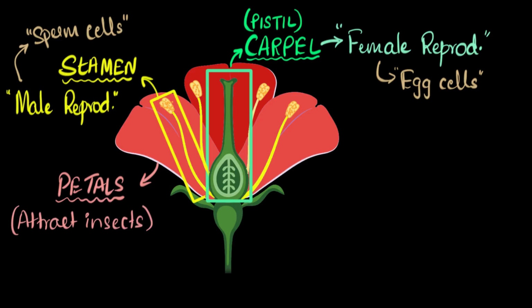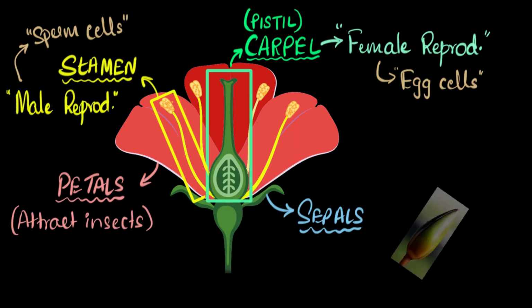And finally, that brings us to the fourth part, the sepals. The sepals play an important role in protecting this flower even before it blossomed. You might know that before the flower blossoms, it's a bud, right? And so what's covering that bud? It's the sepals. It's a sepal that protects the things inside from maybe getting eaten or anything.